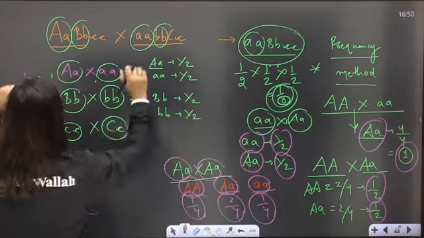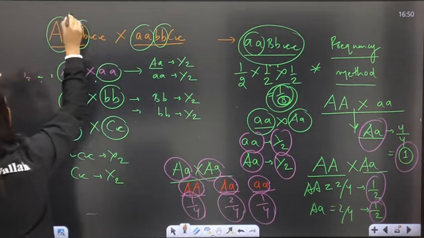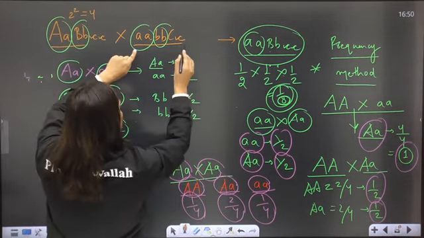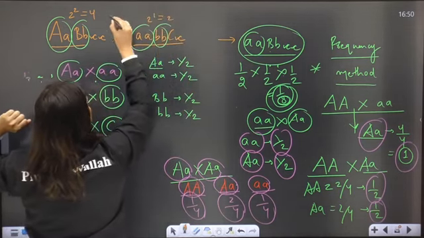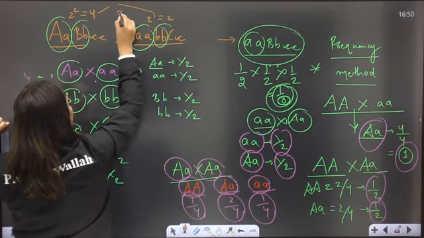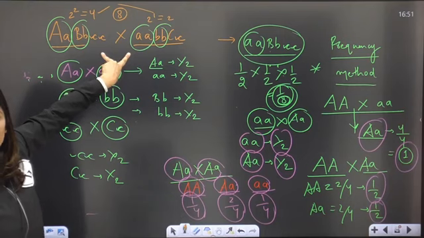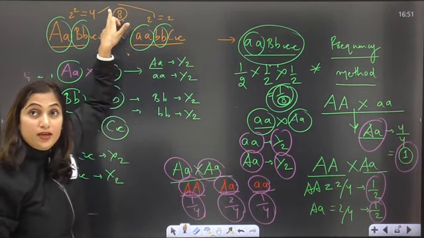So let's check. How many heterozygous conditions? 2. So 2 raised to the power 2 comes out to be 4. How many heterozygous conditions? Only 1. So 2 raised to the power 1 comes out to be 2. So multiplication gives us 8. So if these are the two parents, then the total number of zygotic combinations or offsprings which are possible can be 8.